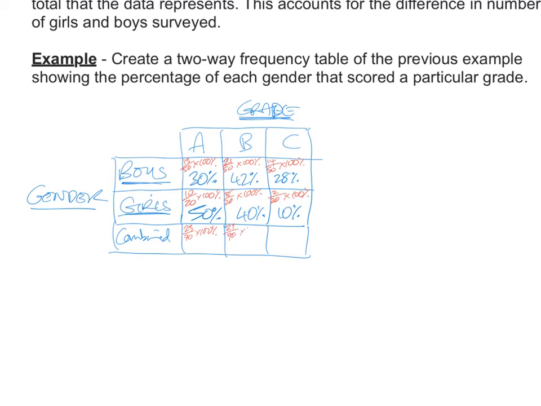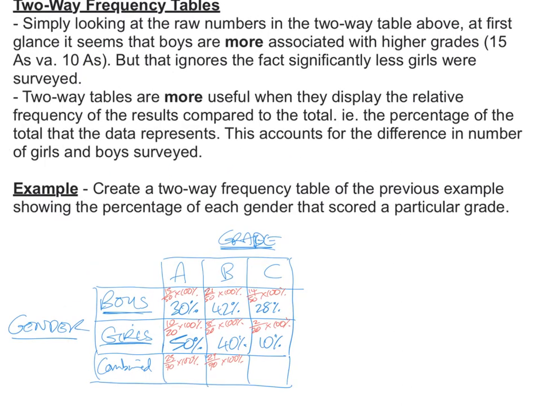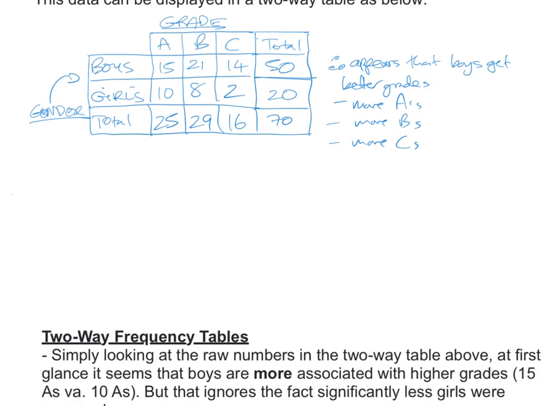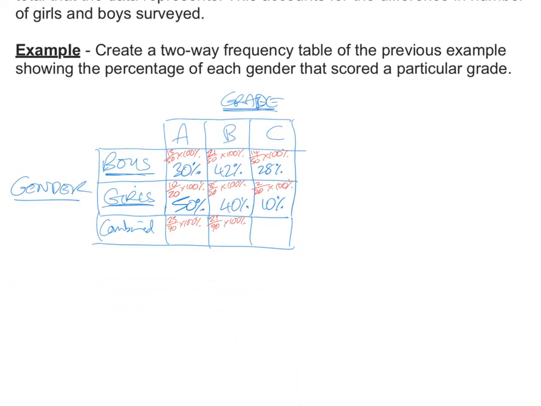And lastly, number of people that scored C's. 16 out of 70 scored C's. In red, 16 out of 70 scored C's. What do those come to combined? 35.7%, 41.4%, and 22.9%.